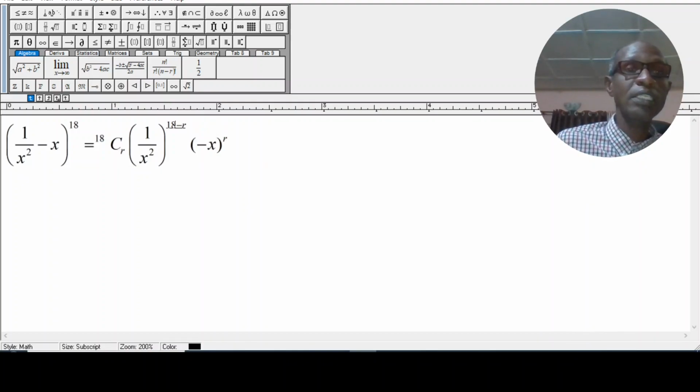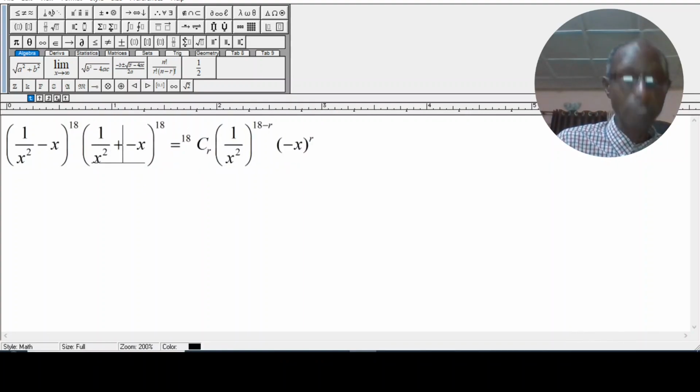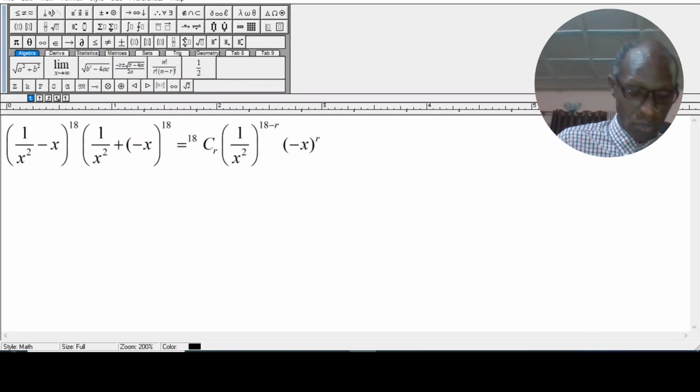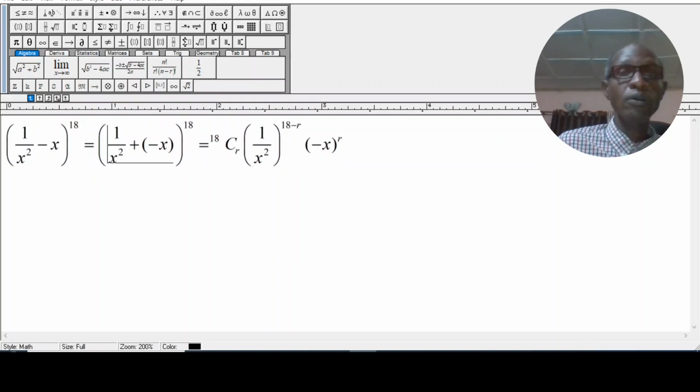Don't forget that the minus here is the same thing as plus. Just want you to take note of that. This will be the pattern for this expansion.